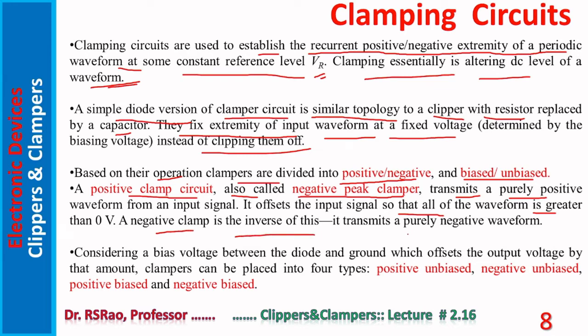It transmits a purely negative waveform. Considering a bias voltage between the diode and ground, which offsets the output voltage by that amount, clampers can be placed into 4 categories: positive unbiased, negative unbiased, positive biased, and negative biased.